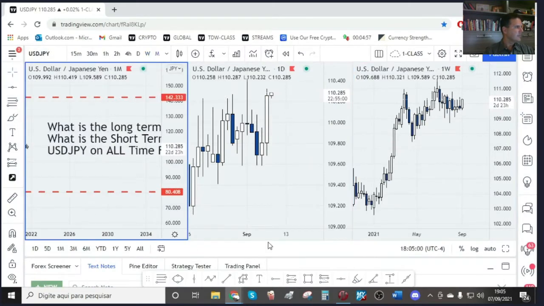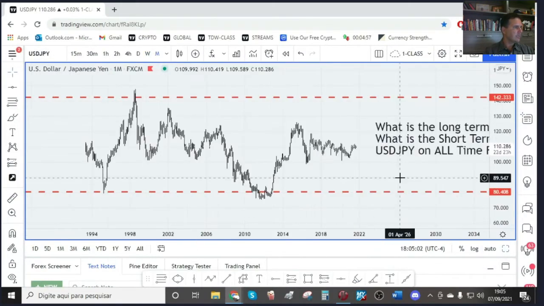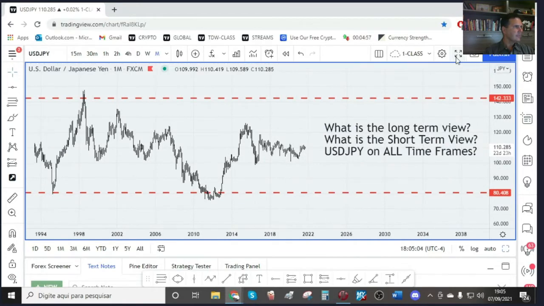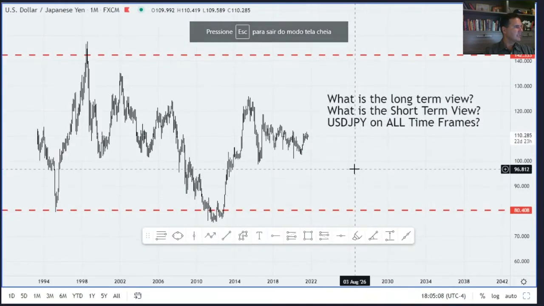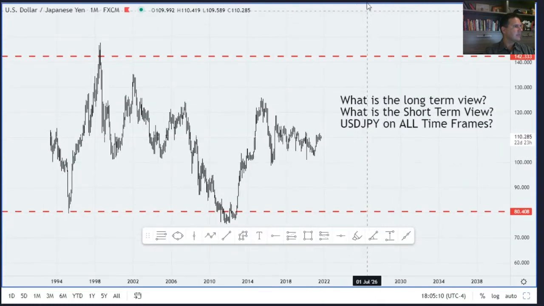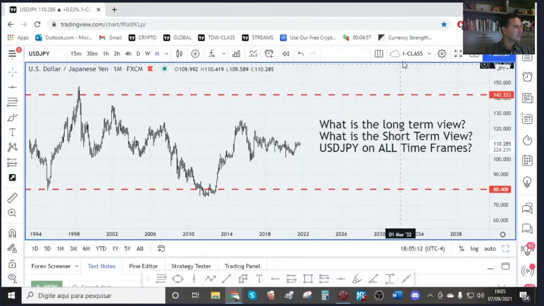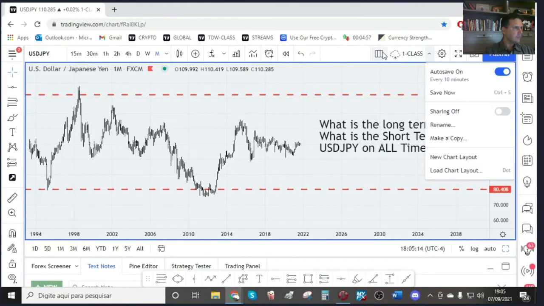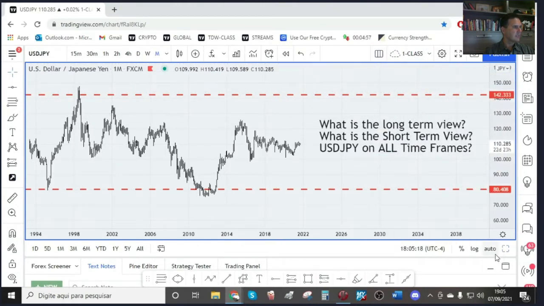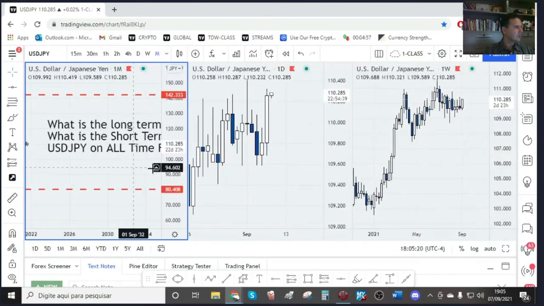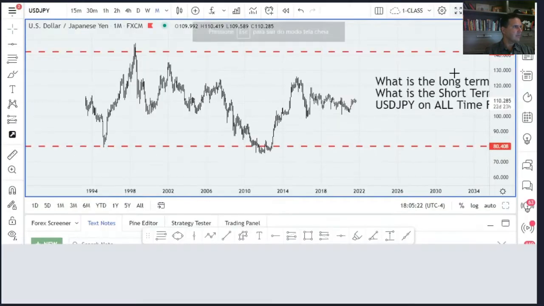There you go. So monthly chart first. This is the upper band, this is the lower band. Now let me see, I should not sync the TradingView here. Okay, great, perfect. So we are on the monthly first.